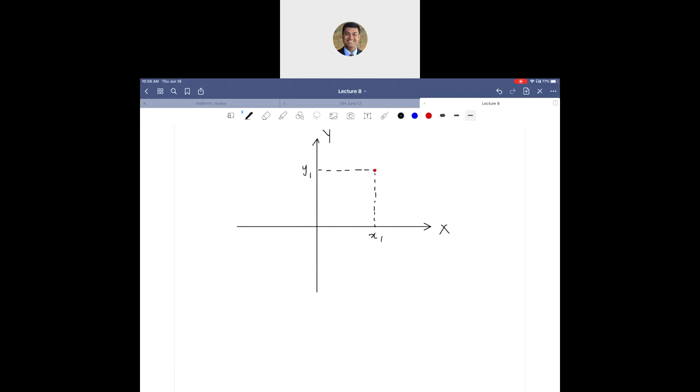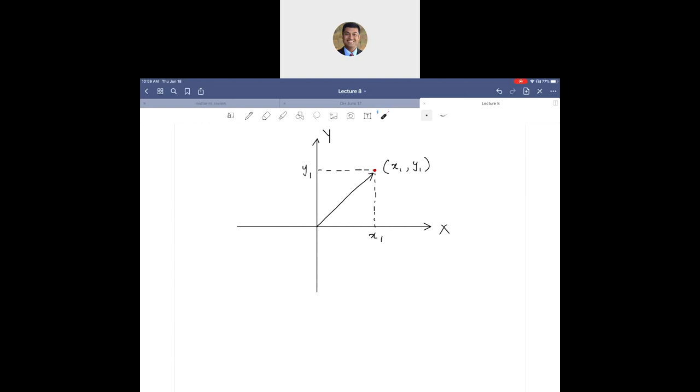As soon as you project your point onto those two axes, x and y, you can add up those two vectors to get back your resulting vector x1 comma y1. So all you need to do is project.